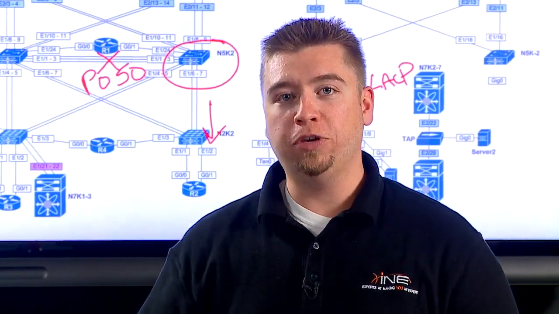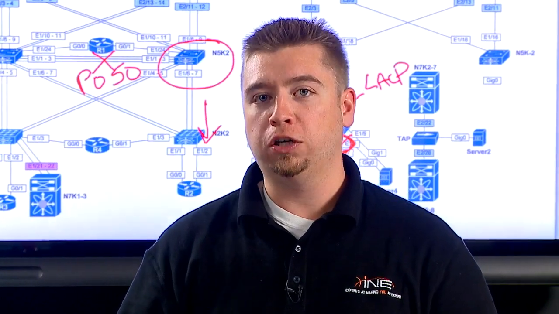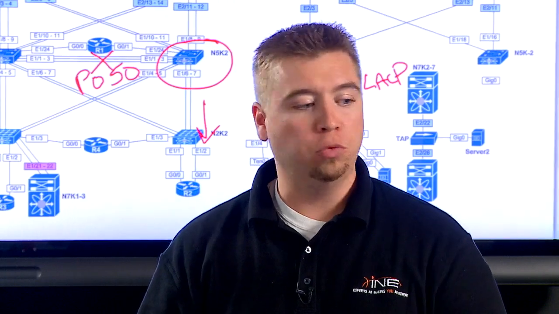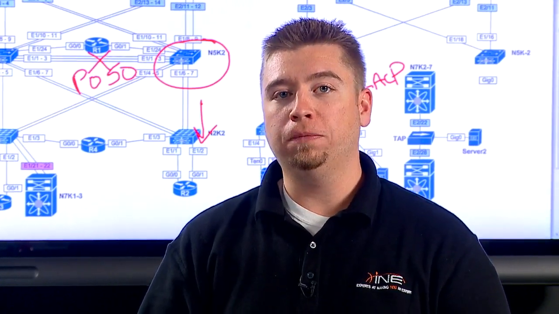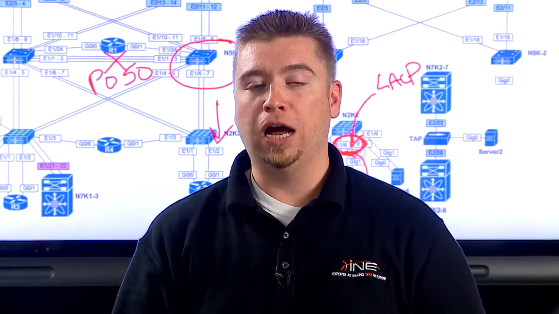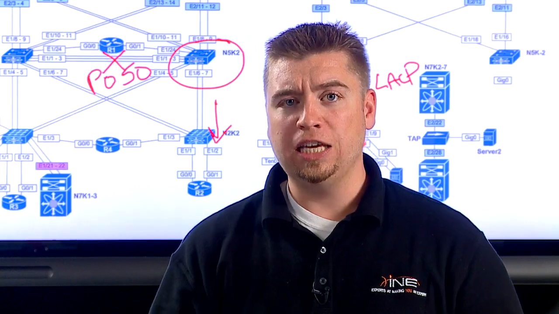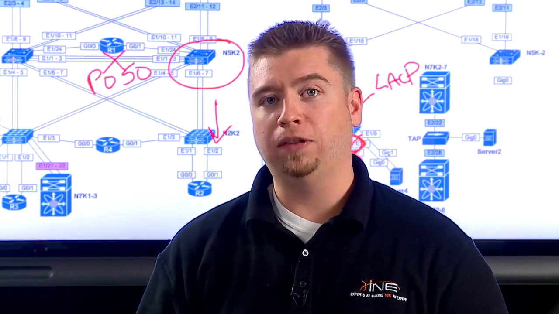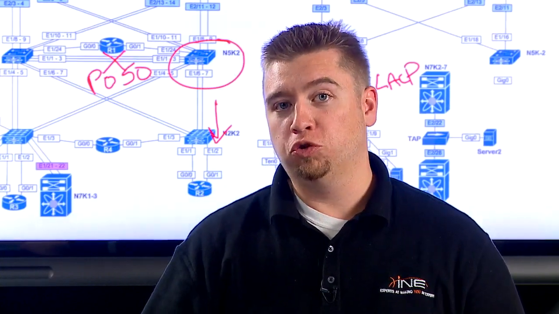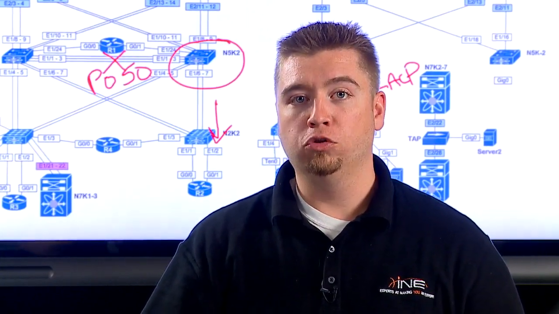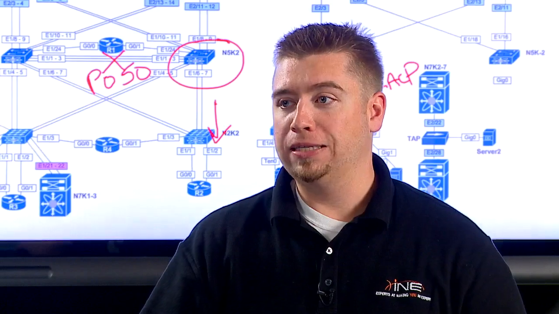As long as the peer link is still up, that's really what's used to synchronize the control plane and to make sure that we don't run into this dual active situation. So the failure scenario really only makes a big difference if the peer link goes down first, then you lose the keepalive afterwards, because the keepalive is what's preventing us from having that split brain situation. So obviously it is something that you would need to address. If the keepalive goes down, you don't want that to happen, but it's not automatically going to disable the member ports.